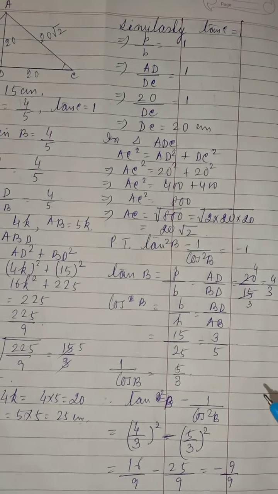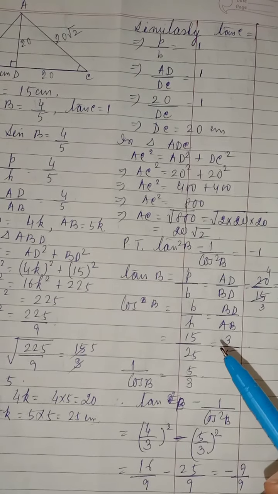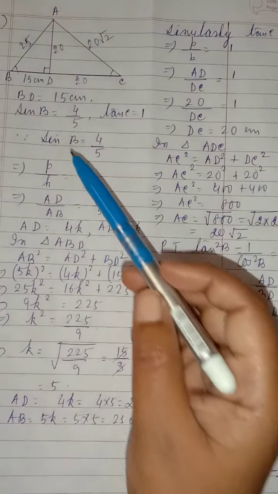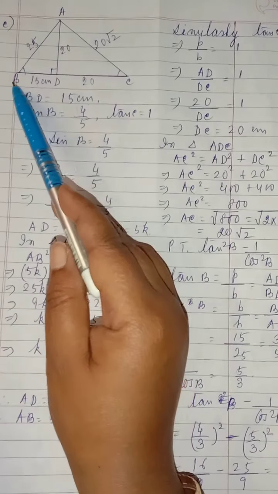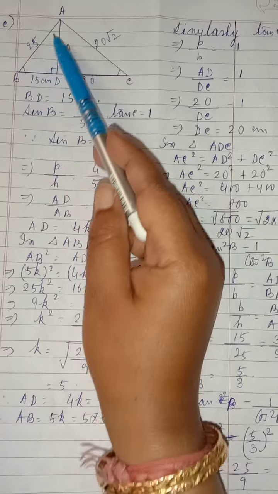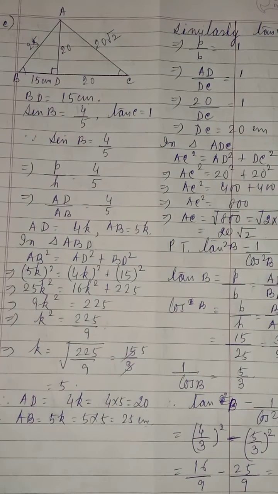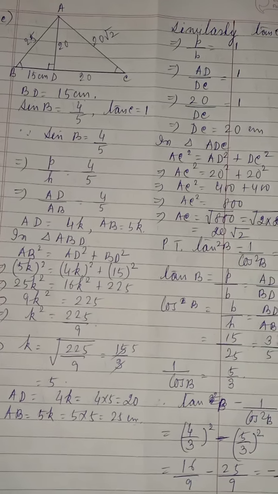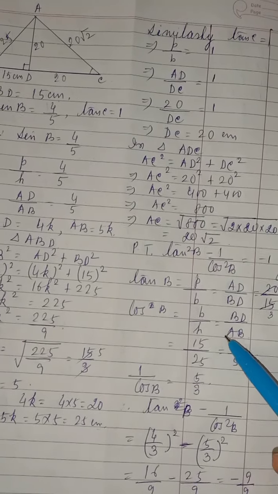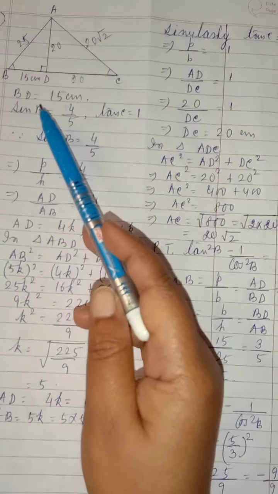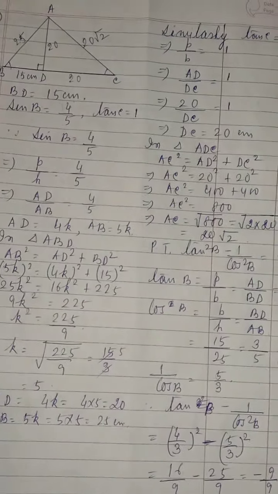Now cos B is equal to base by hypotenuse. So this is the angle B, and base is this BD and hypotenuse is this AB. So it's BD by AB. BD we have 15 and AB we have 25.